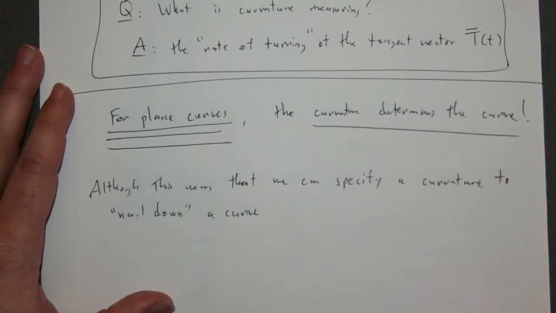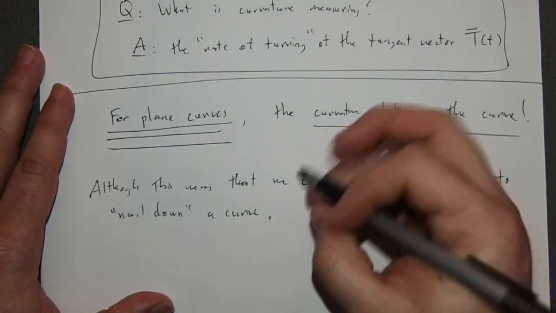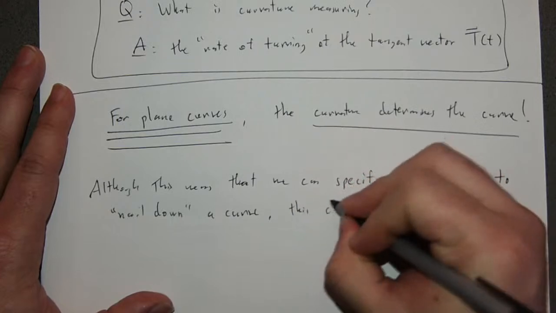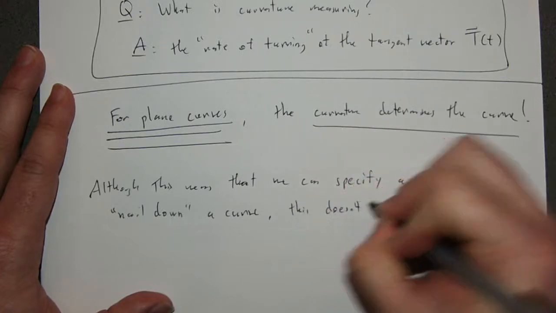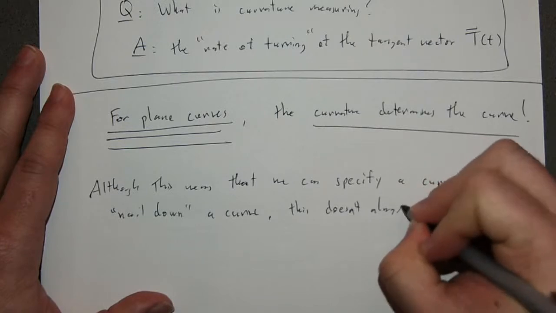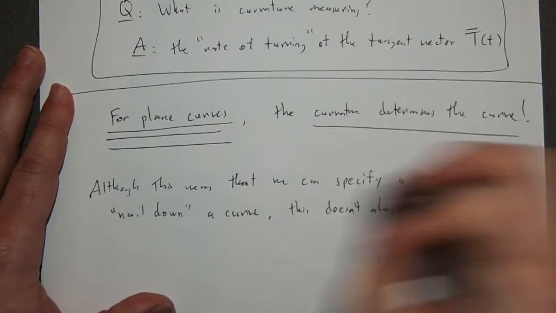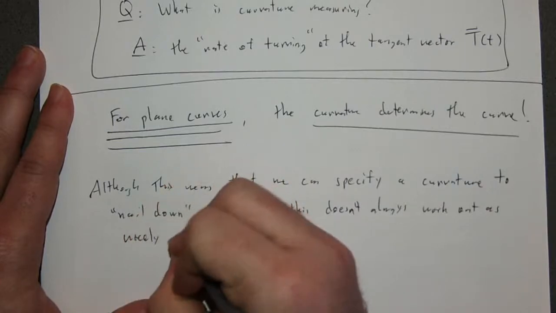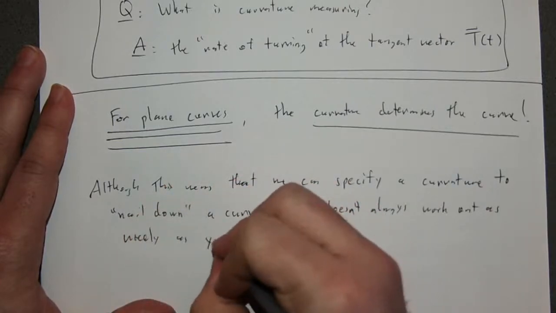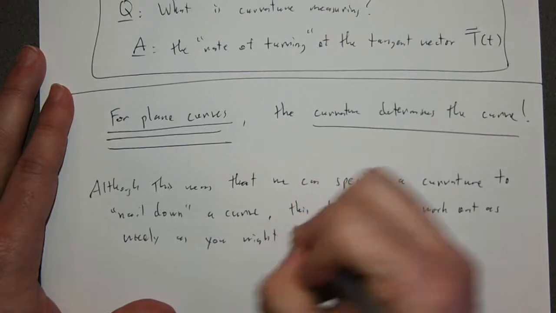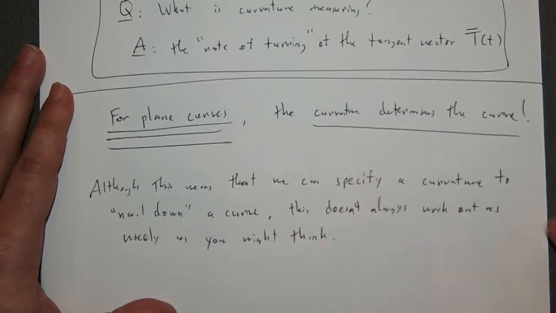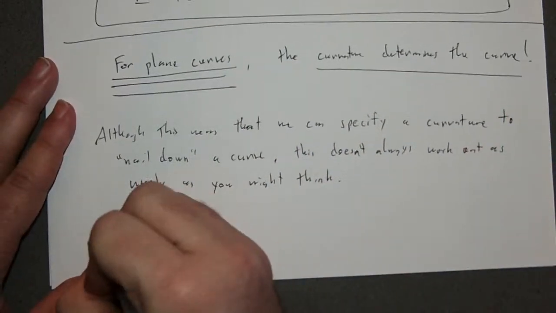So although this means we can specify curvature to nail down a curve, this doesn't always work out as nicely as you might think. What do I mean by that? Here's an example.